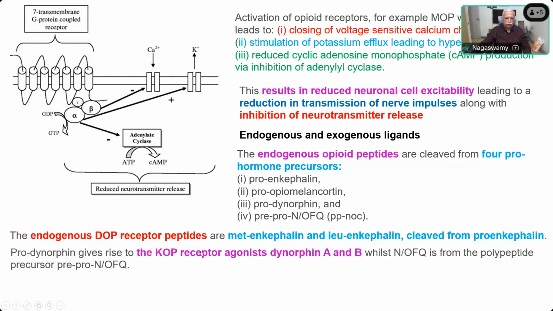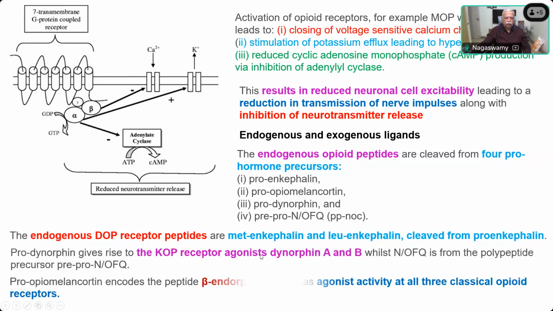For the kappa receptors, KOP receptors, there are dynorphin A and B, which are produced from the pro-dynorphin peptide. And pro-opiomelanocortin produces a product called beta-endorphin, which is an agonist at all three, MOP, KOP, and DOP. At all levels, beta-endorphin activates them.